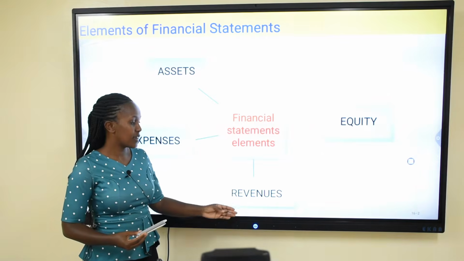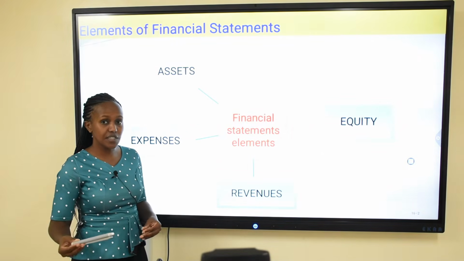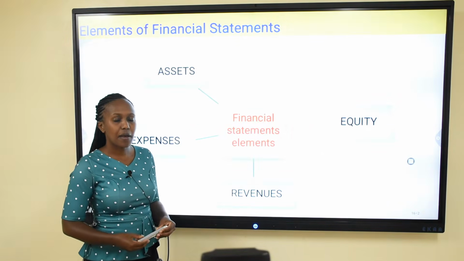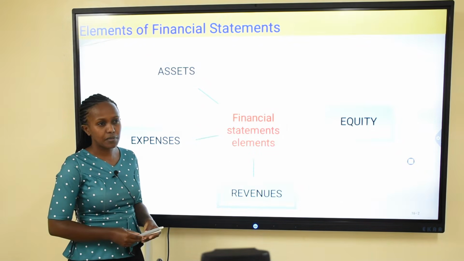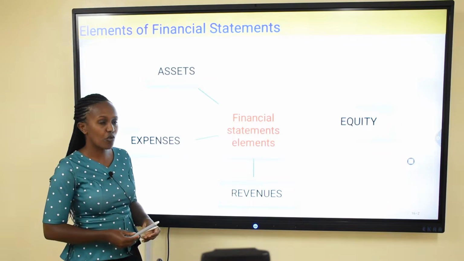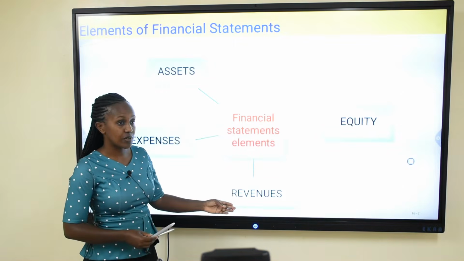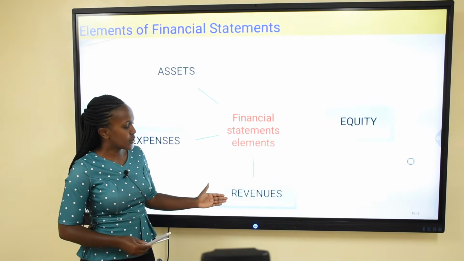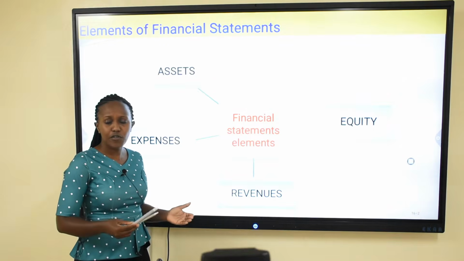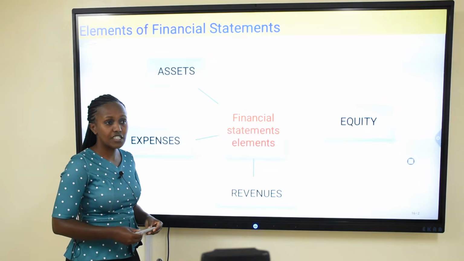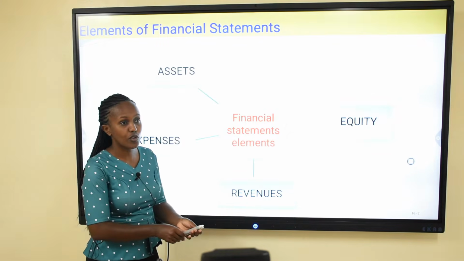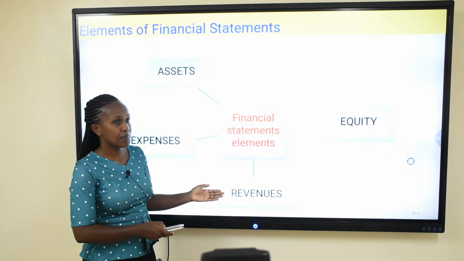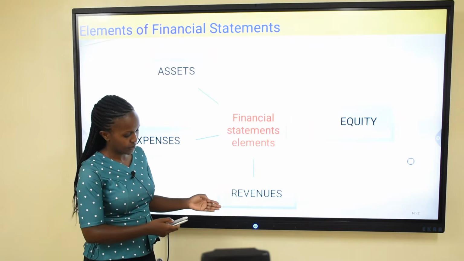Another revenue would be discount received, where a business buys goods in large batches, and maybe they benefit from quantity discounts. So revenues represent the inflows to the organization from the ordinary course of business and from all other use of assets that is beneficial to the organization.